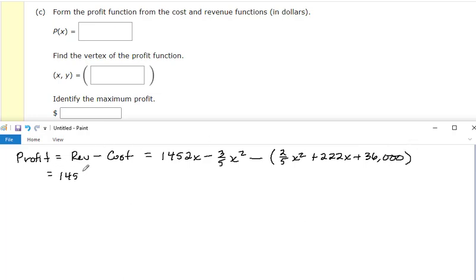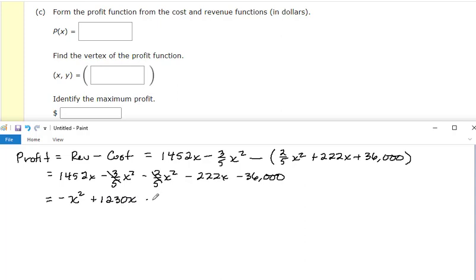So 1452x minus 3/5 x squared. Distribute the negative through these parentheses. Negative 222x minus 36,000. Combine like terms, that's negative x squared plus 1,230x minus 36,000. That's our profit function, capital P.